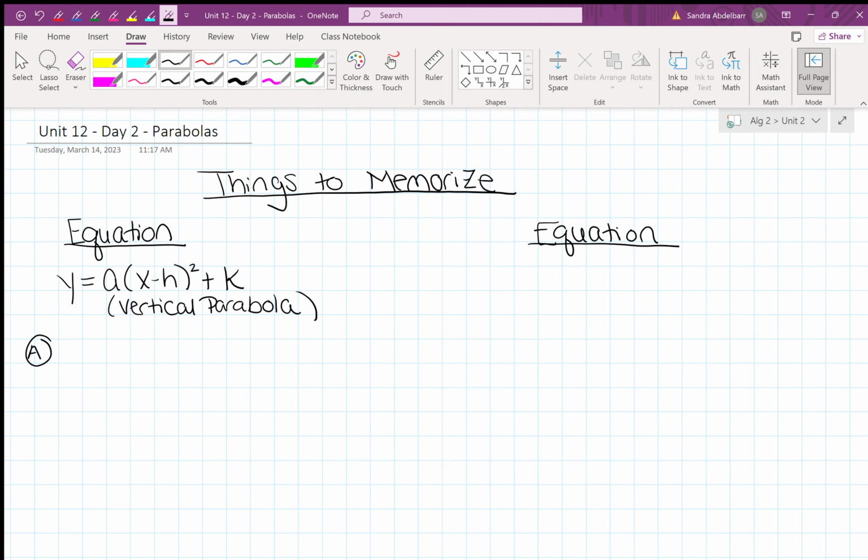Our axis of symmetry: because it's a vertical parabola, the axis of symmetry will be a vertical line, represented by the equation x equals h. All right, the vertex. The vertex is going to be represented by the coordinates h comma k.